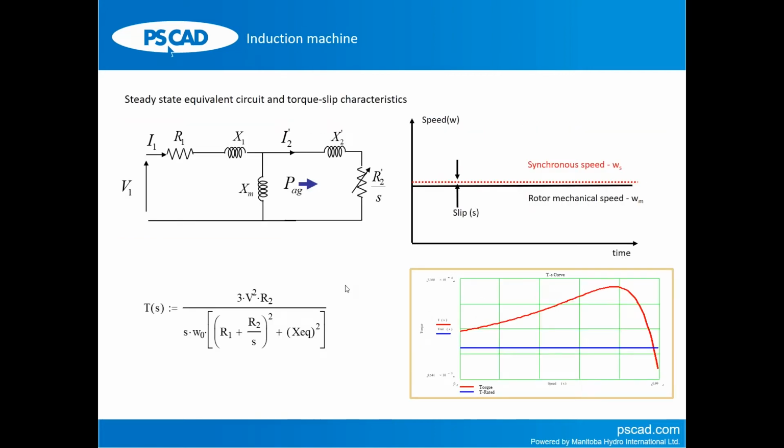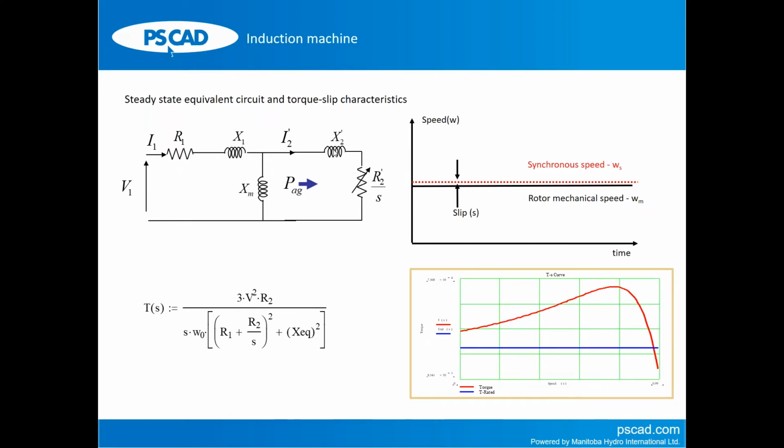We also talk of this induction machine in terms of its steady state equivalent circuit, which is this. Now, R1 is the stator winding resistance. R2 dash is the rotor winding resistance, dash because the value is referred to the stator.